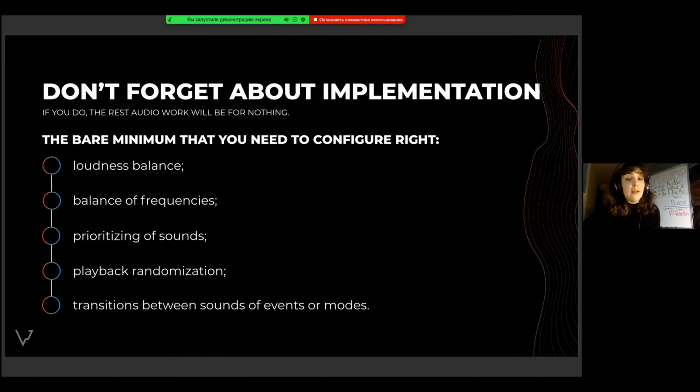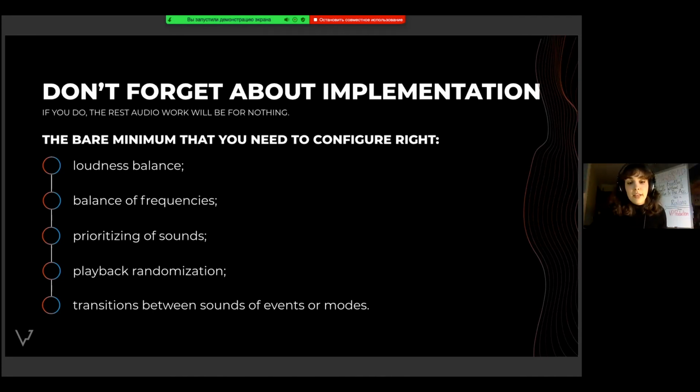But if you don't have such a big or complex project, you sure can do this yourself. At least you need to configure some things right. The bare minimum you really need to configure is on the screen. It's basically loudness balance, balance of frequencies, prioritizing of sounds, playback randomization, and transitions between sounds of events and modes.